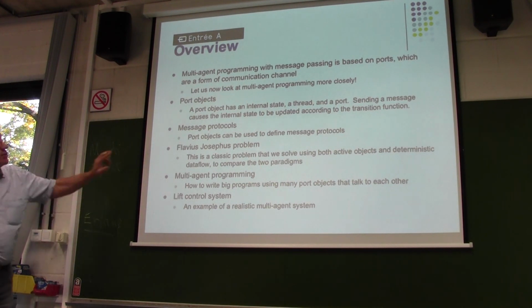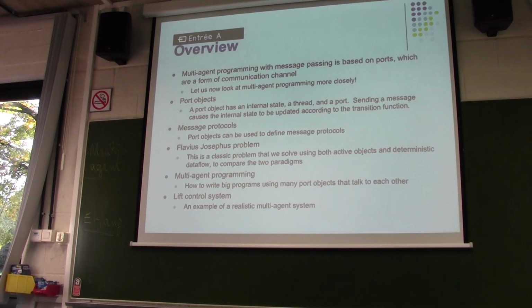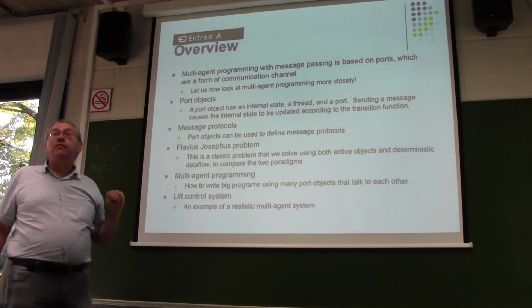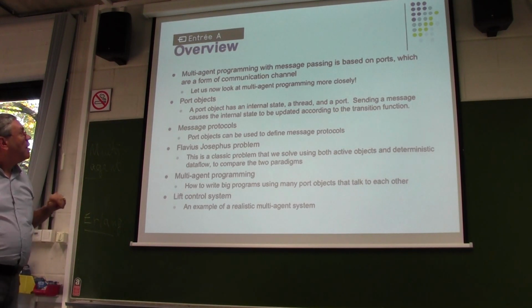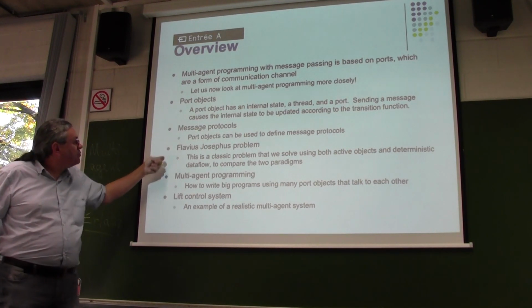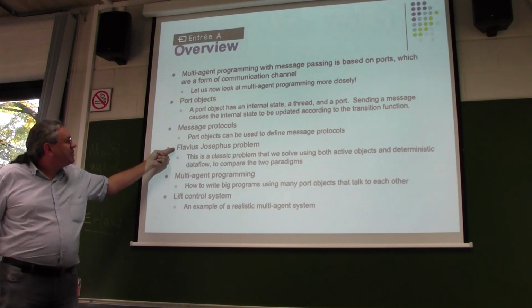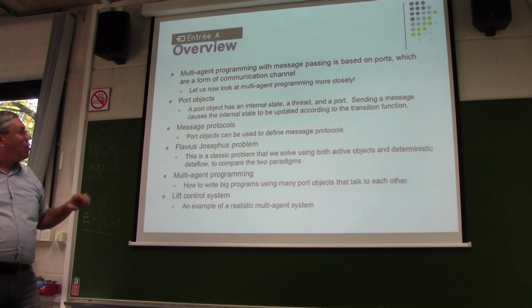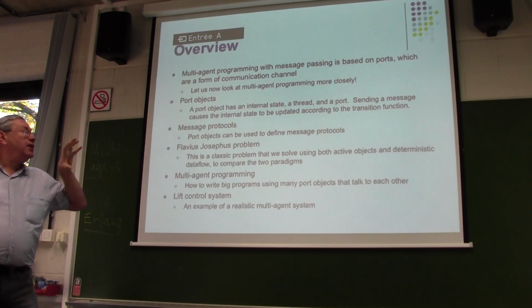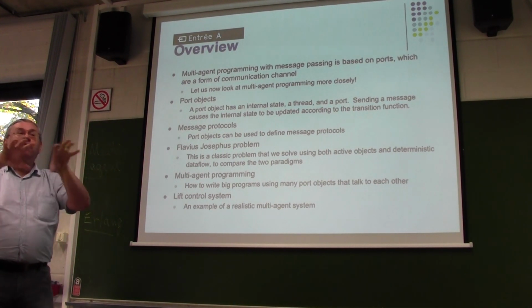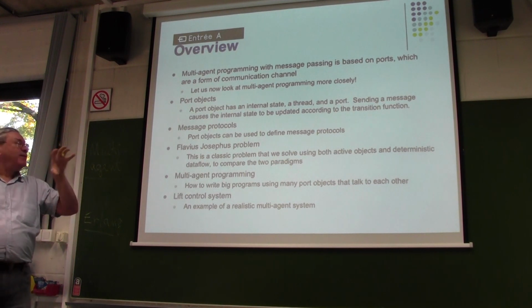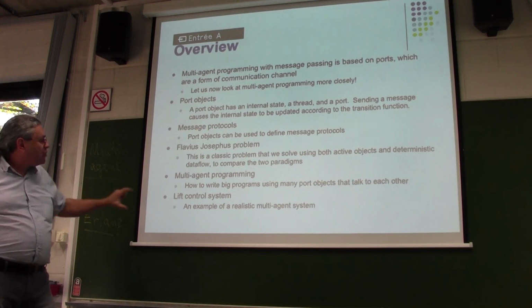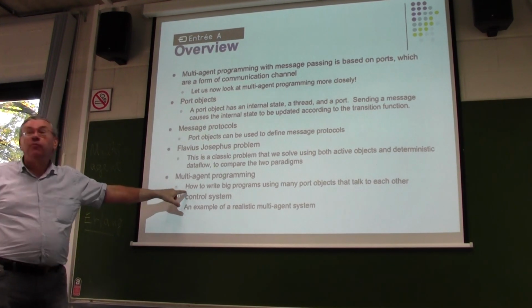And so today I want to start talking about multi-agent programming, okay? I'll talk about port objects, so with the port concept, message protocols, and then I'll show you some nice examples. This one, Flavius Josephus, is an example because I want to compare multi-agent and deterministic data flow. I want you to situate that, so this will actually compare them. And then I'll show how to write big programs.